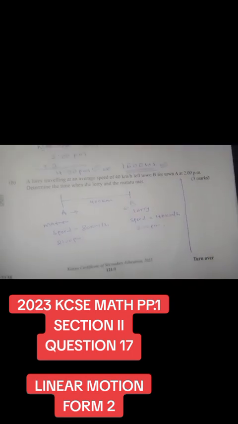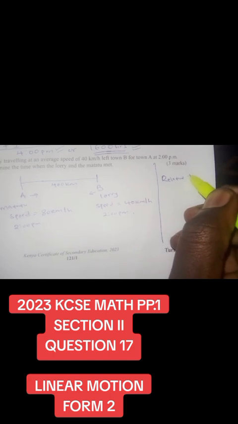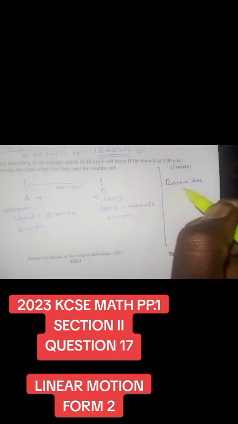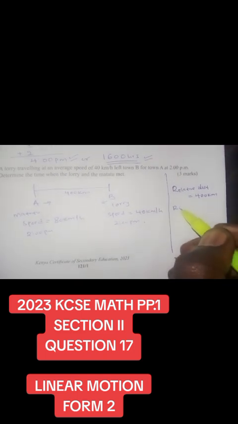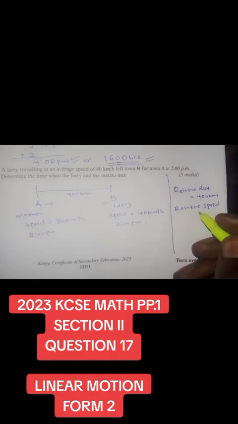So this is rather more simple. You're not going to find any difference. The distance they are competing for is called the relative distance, so the relative distance becomes 400 kilometers. Then the relative speed for bodies that are approaching each other, we are going to add, contrary to the way we did for bodies going in the same direction.